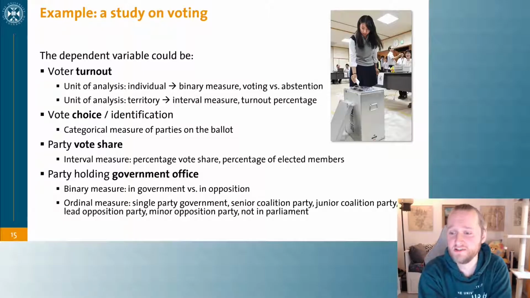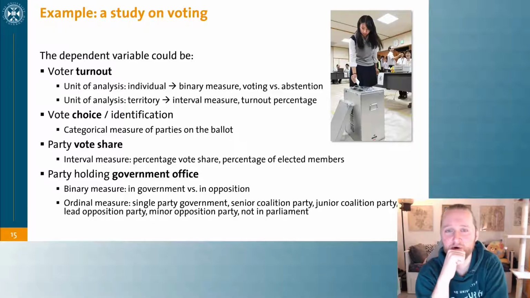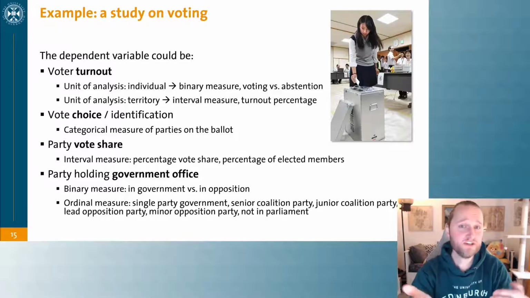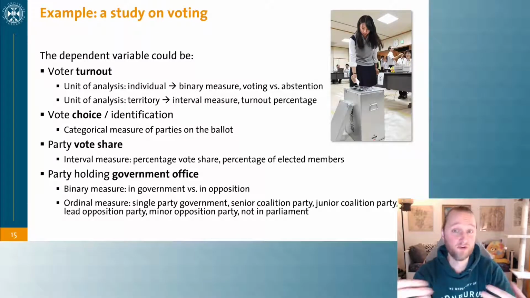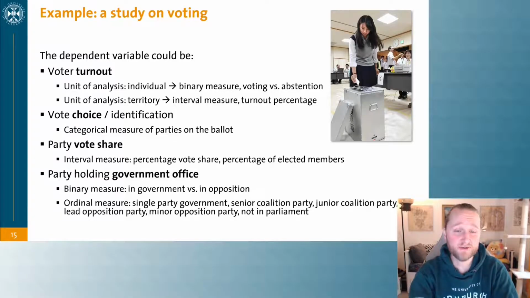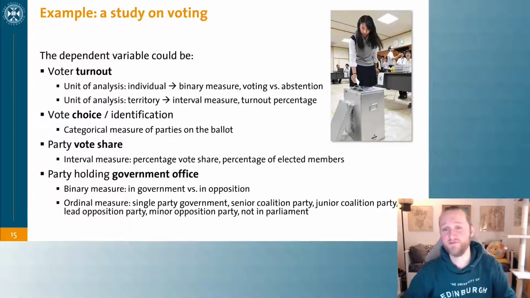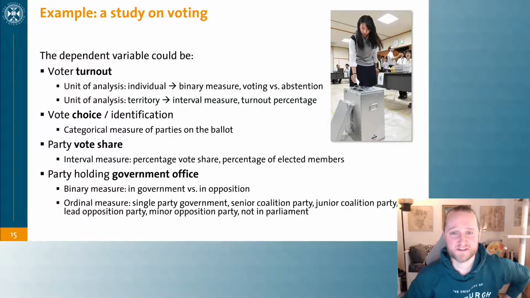Are they in the opposition, or are they not even in parliament in total? So if you do a comparative study on voting, you're not done, because you can have a dependent variable that goes in a lot of different directions. Are you worried about turnout, about choice, about vote share, or maybe about government office?